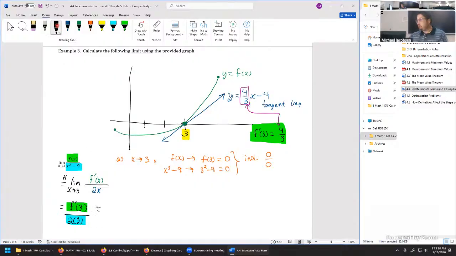Through the graph in our initial analysis, because we had a tangent line equation, we take the slope there, and that already provided for us that the derivative of f at 3, our new numerator, is exactly 4/3.